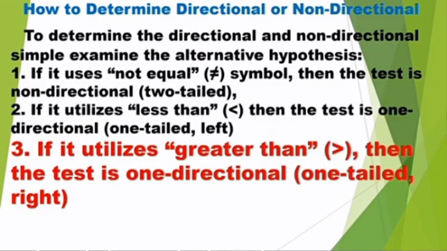Second, if it utilizes less than, then the test is one-directional, one-tailed, on the left. And third, if it utilizes greater than, then the test is one-directional, one-tailed, on the right of the distribution.